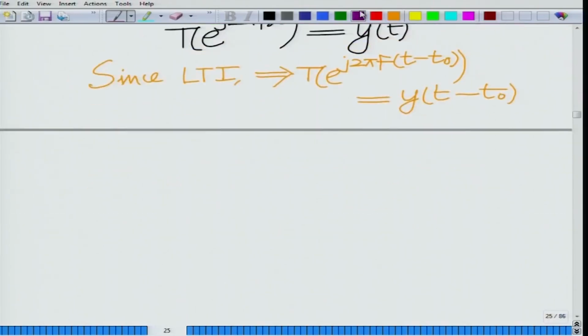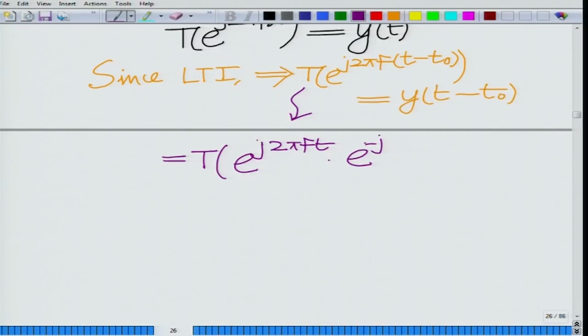But T of e to the power of j 2 pi f naught (t minus t naught) is equal to T of e to the power of j 2 pi f naught t times e to the power of minus j 2 pi f naught t naught, which is equal to y of t minus t naught.